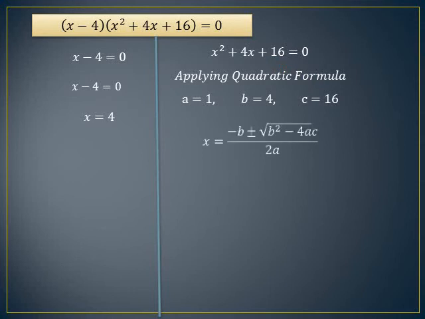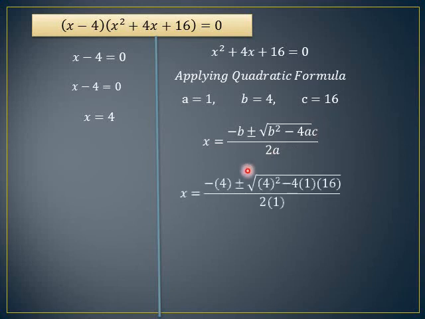This is the quadratic formula. Now replacing a, b, c with their values, we will get minus 4 plus minus under root 4 square minus 4 into 1 into 16, and the denominator is 2 into 1. Opening up all the brackets, we will get minus 4 plus minus under root 16 minus 64 by 2.